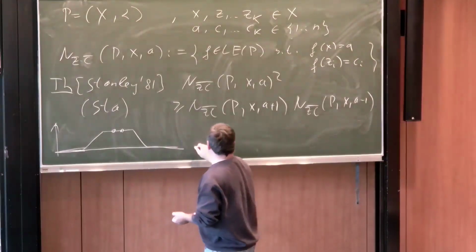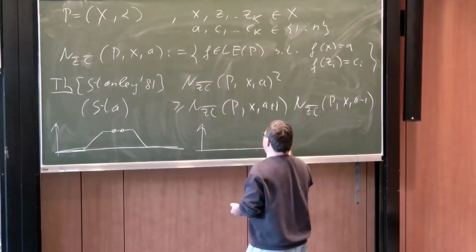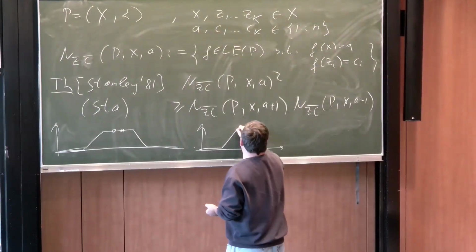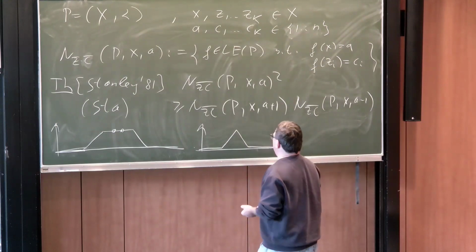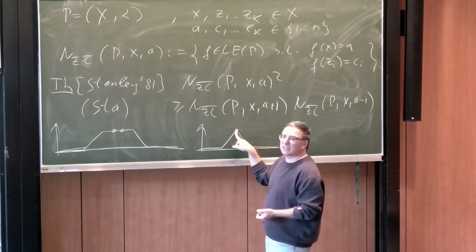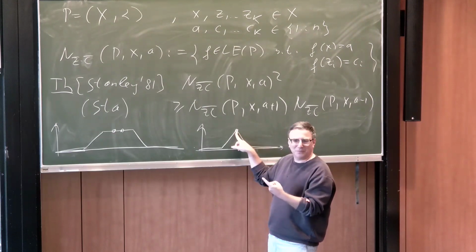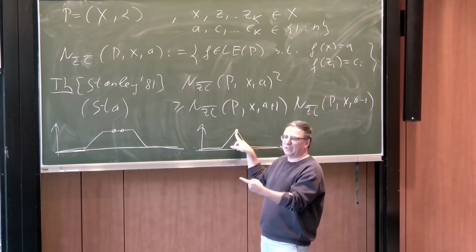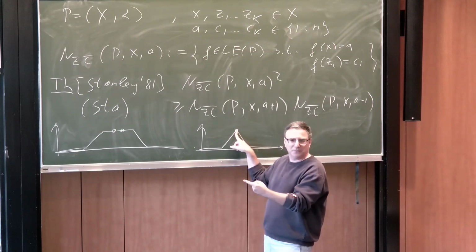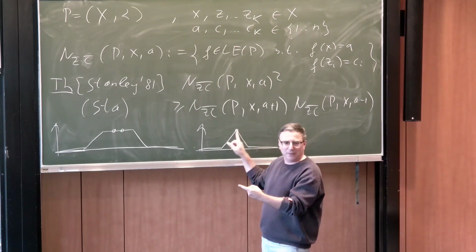What we're saying is that the picture could be like that. It could be that there exists a unique maximum, or there could be multiple maxima. Even that cannot be decided in the polynomial hierarchy.